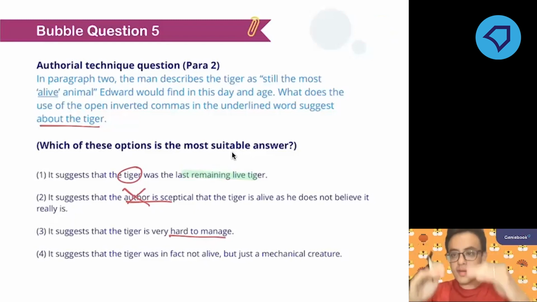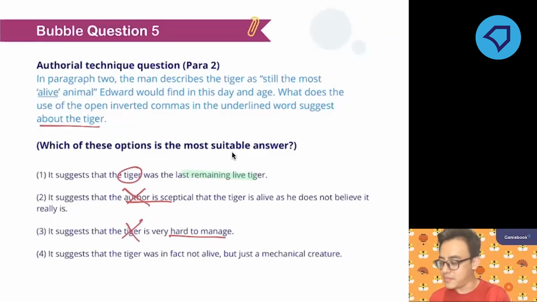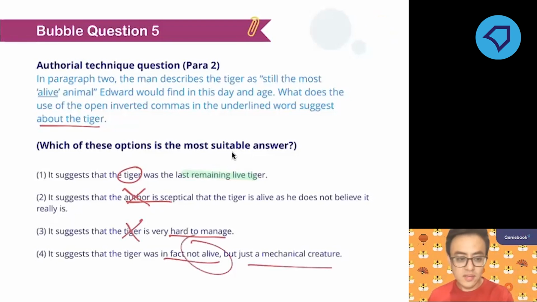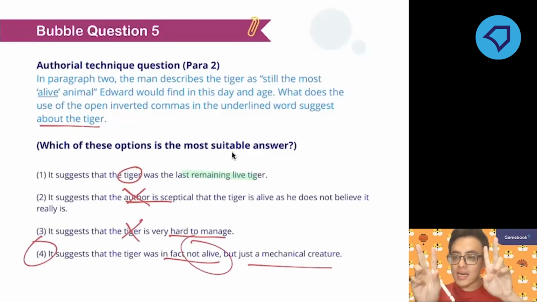But reading throughout, you can infer that alive doesn't refer to the tiger being hard to manage or lively. Alive refers to the fact that the animal is actually not alive. It is just a mechanical creature. So the answer is number 4. It is hard to manage, but the word alive doesn't suggest that. It suggests that it's actually not alive.